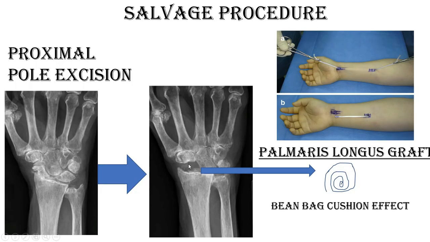Now what is the best treatment for non-union or wrist arthritis? If we get a case of wrist arthritis and there is osteonecrosis of the proximal pole of the scaphoid, and we are not trained enough for doing a good operation, rather we can go for excision of the proximal part, and for this gap we can put a bean bag like anatomical cushion.